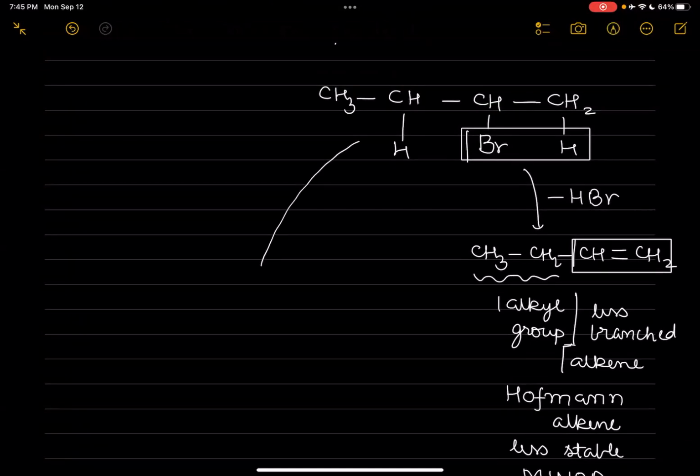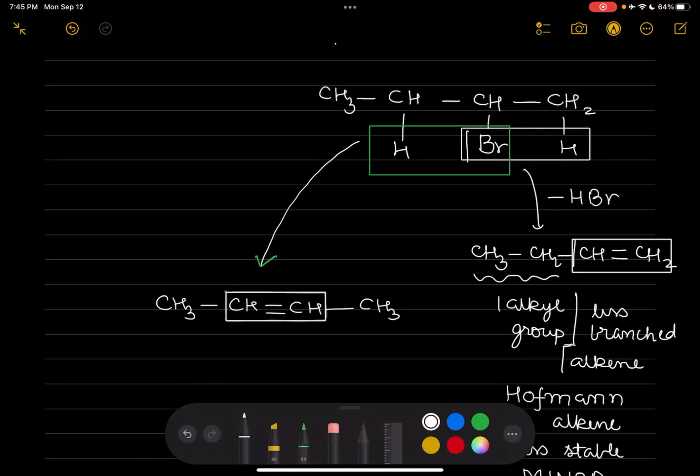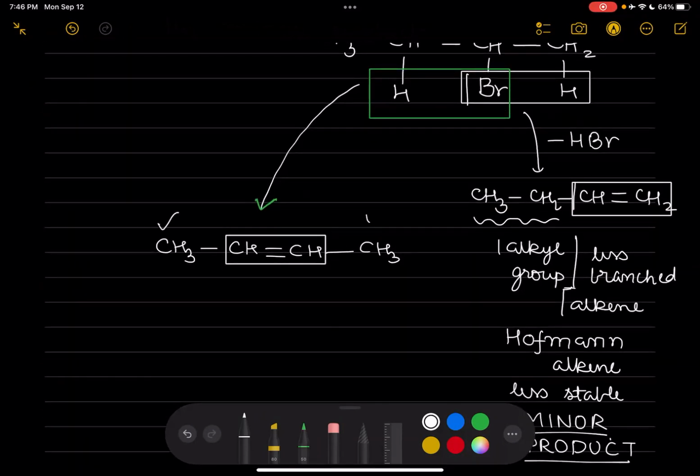And suppose you choose the other elimination, then you will get a double bond in the middle because you removed hydrogen from the middle side. You can enclose this alkene in a box and now count the number of alkyl groups on the carbon atoms of the double bond. So there are two alkyl groups, this one and this one. Earlier only one alkyl group was there on one side. This has alkyl groups on two sides.